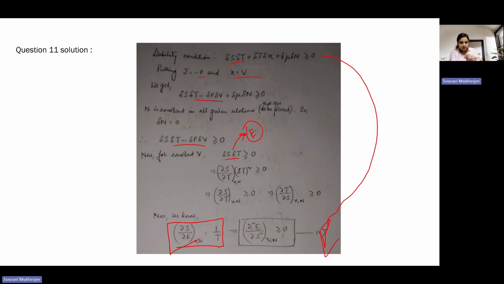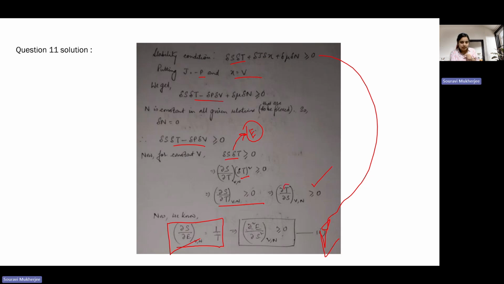So we write delta S as del S del T into delta T, and then you have another delta T. Now this is a positive quantity. So for this to be greater than or equal to 0, your del S del T at constant V and N should be greater than or equal to 0, which tells us del T del S at constant V and N should also be greater than or equal to 0. Now what is del T del S?